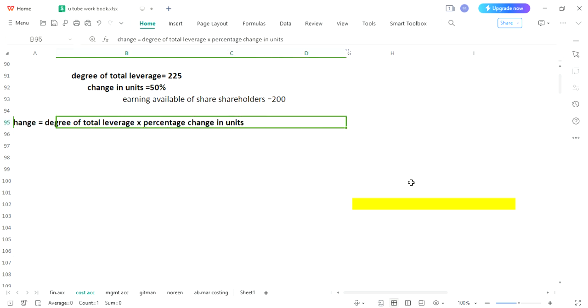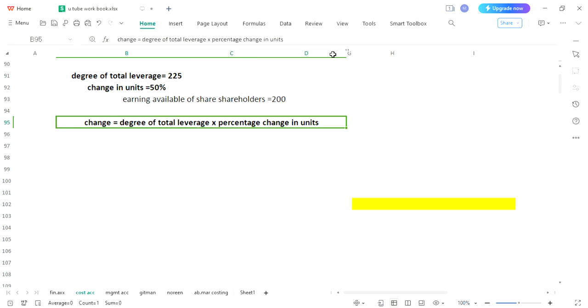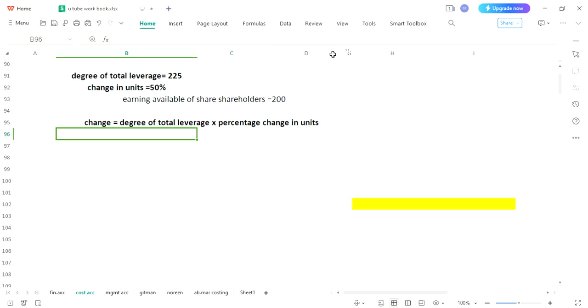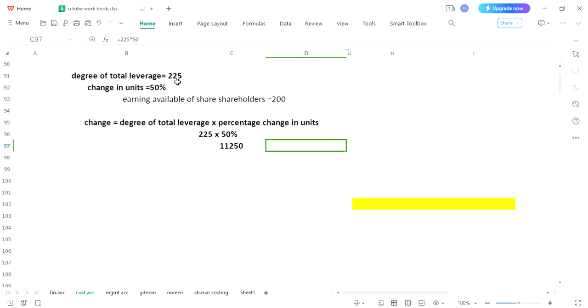This way you can predict your future earning available for common shareholders. So total change you can calculate over here. Degree of total leverage was calculated 225, and you will multiply by the percentage change, which was 50%. Now you will simply multiply 225 with 50. So you have got 11,250, and this is your percentage.